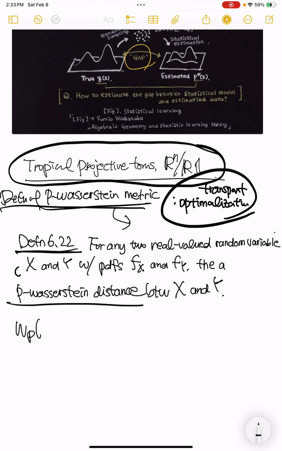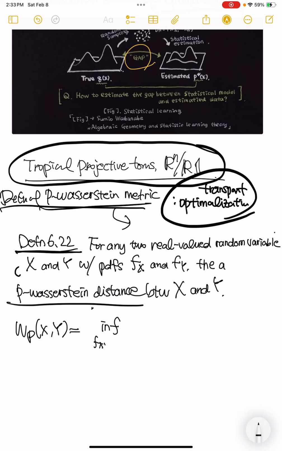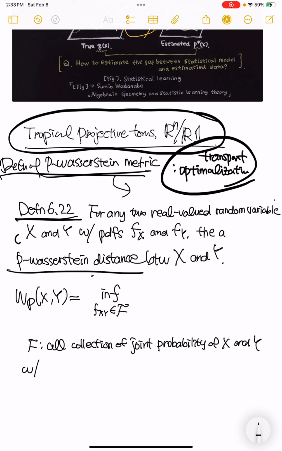So it is written as W_p(X, Y), that is the infimum, where F is the collection of joint probabilities of X and Y with marginal distributions fX and fY.